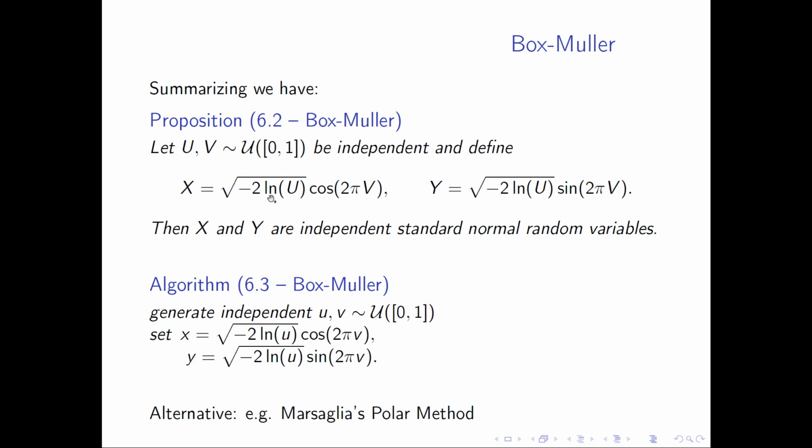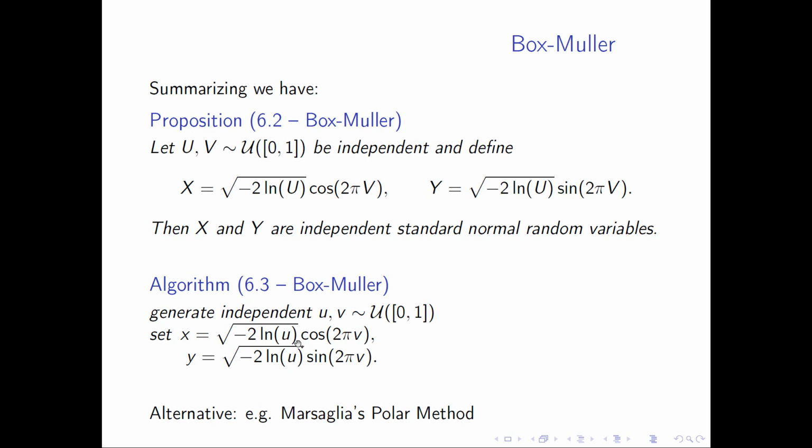We need to be able to compute the logarithm, the cosine, the sine and the square root. And then we have our algorithm for generating samples from the standard normal distribution. And you can see here from proposition 6.2 to algorithm 6.3, there's nothing going on. So it's easy to implement this.